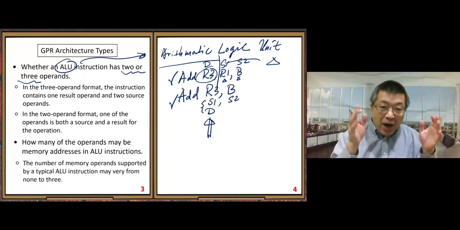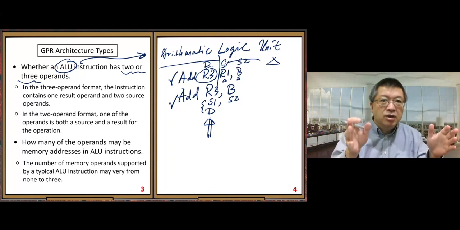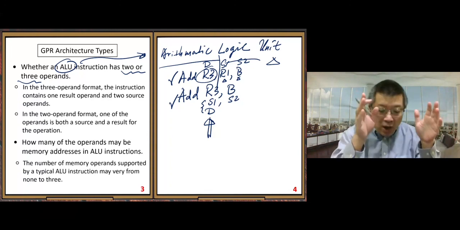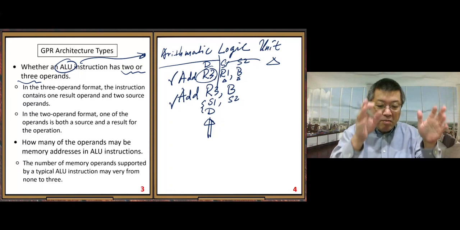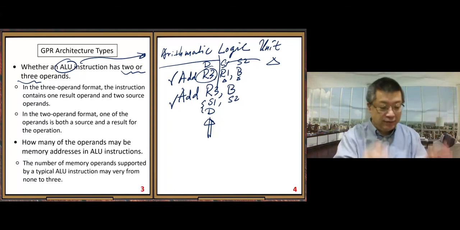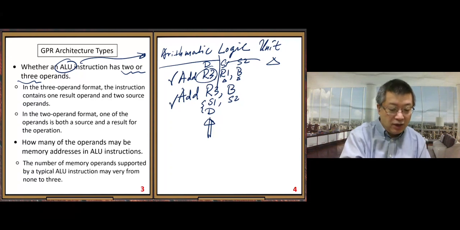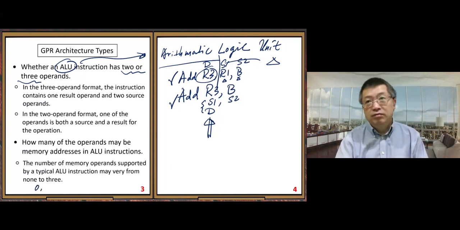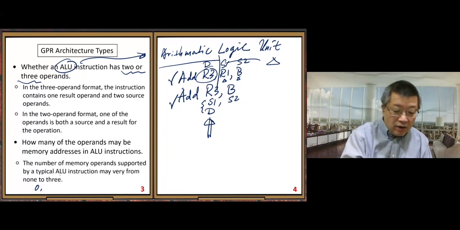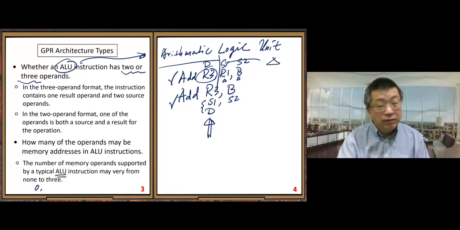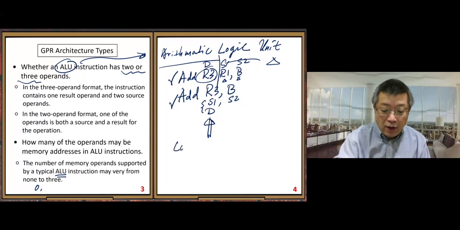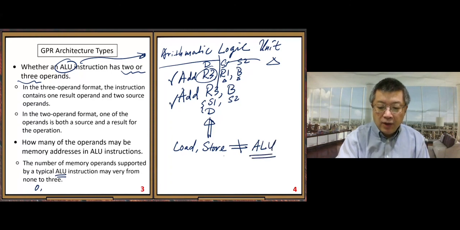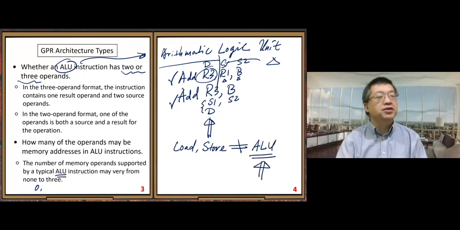The number of memory operands supported by a typical ALU instruction may vary from none to 3. See that difference? 0, so no memory operand for ALU. Load and store operations are not ALU. Here we're talking about ALU operations.